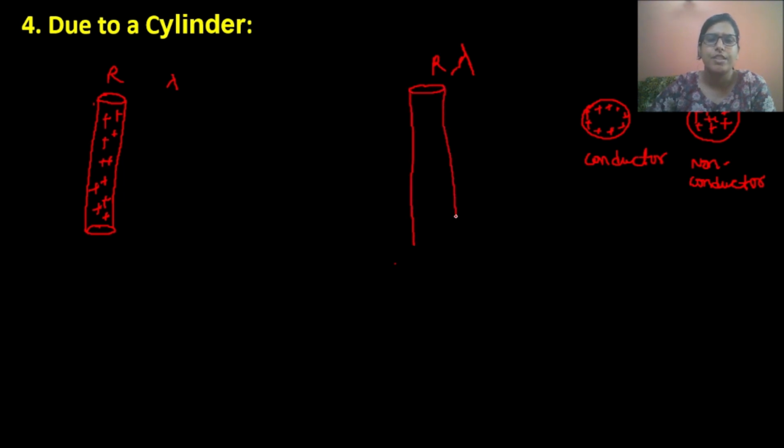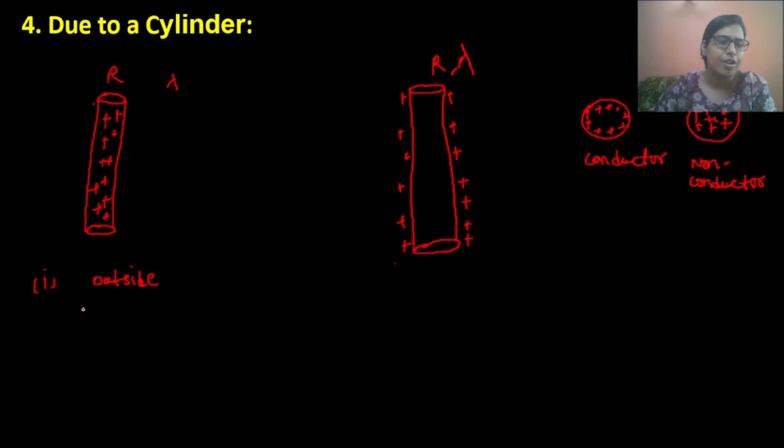And the radius of the cylinder is capital R, which is very small compared to the length of the cylinder. That's why we will treat it like a wire. So first case, outside the cylinder.